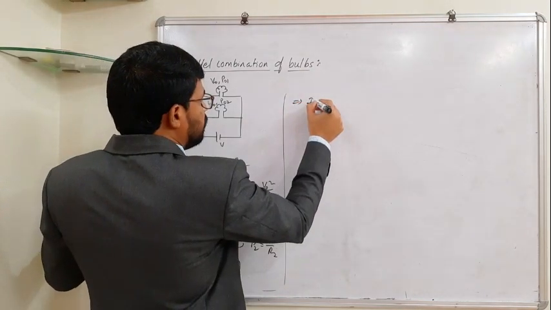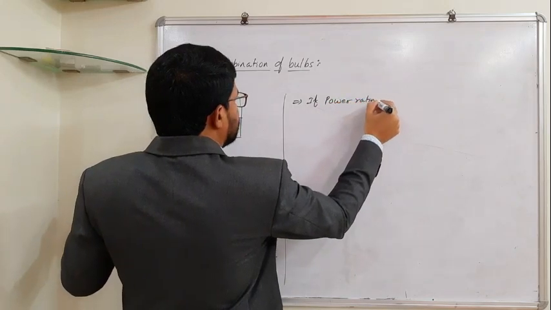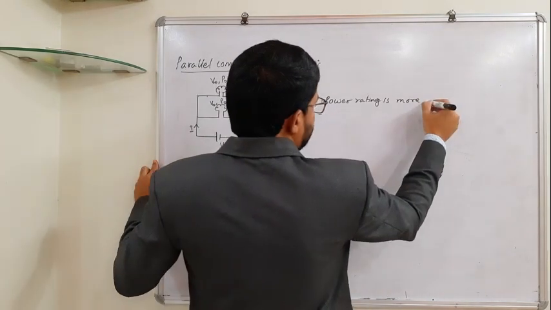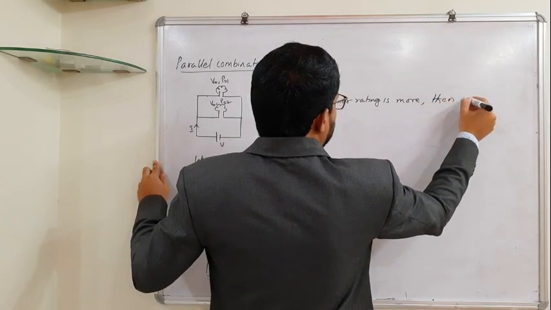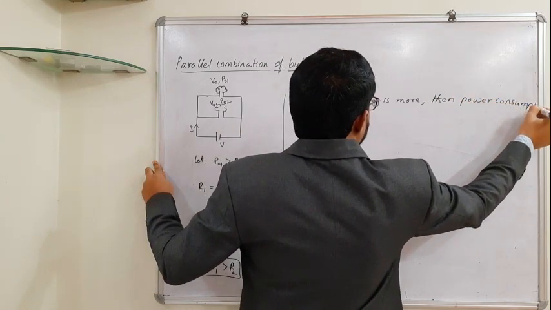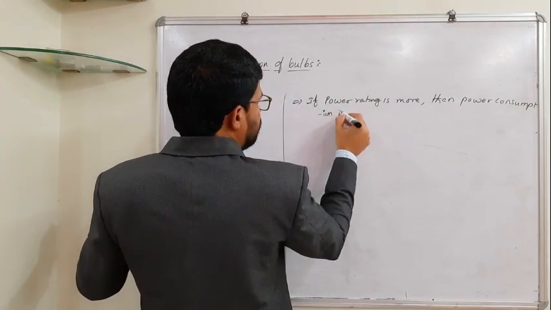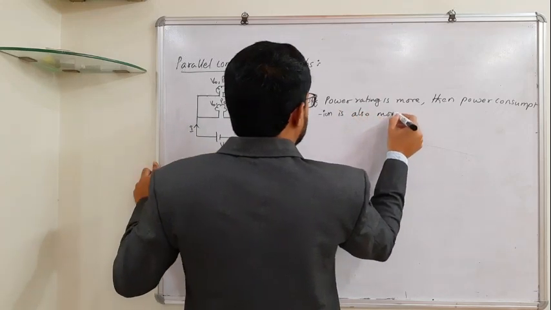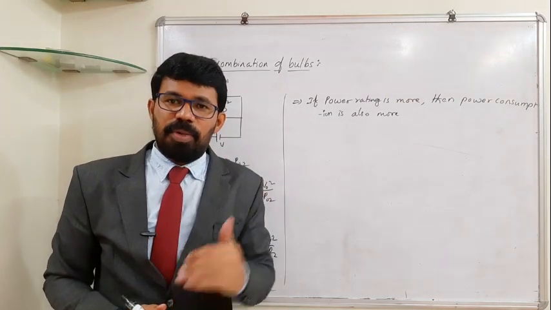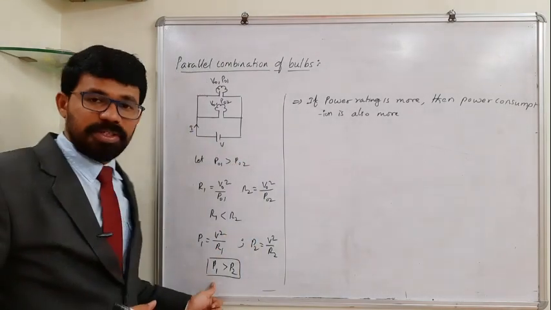That implies if power rating is more, then power consumption is also more. That's what you can write. In series combination, if power rating is more, power consumption will be less. In parallel combination, if power rating is more, power consumption will be more.